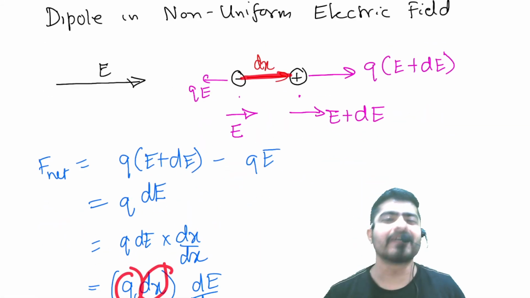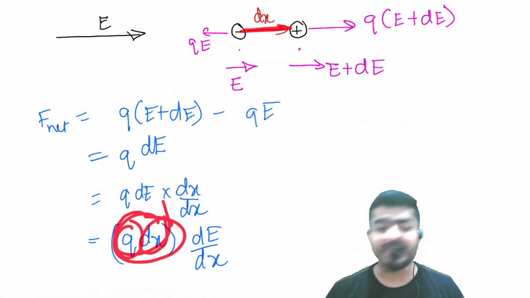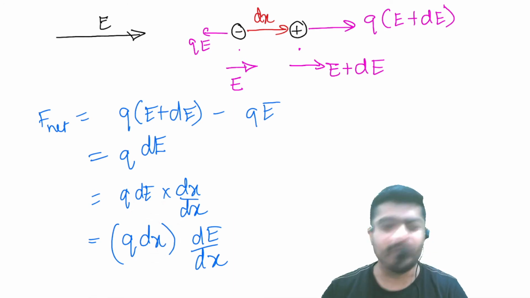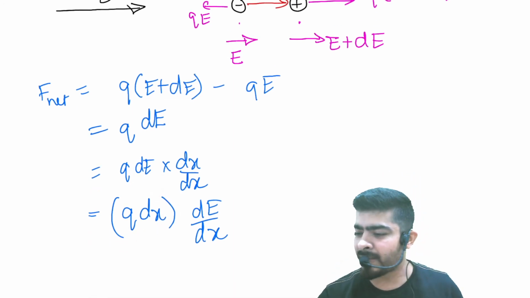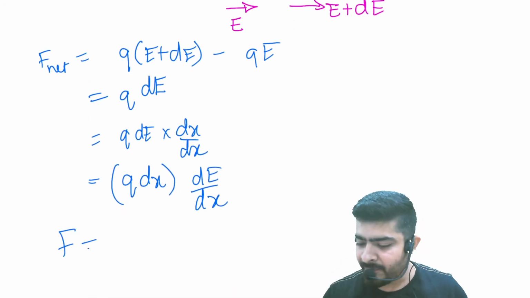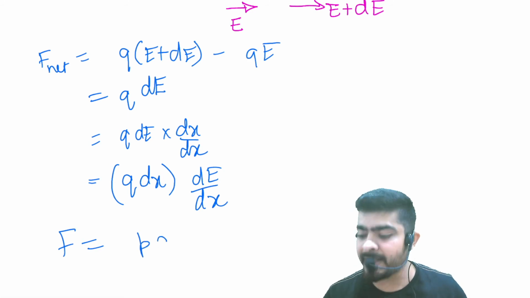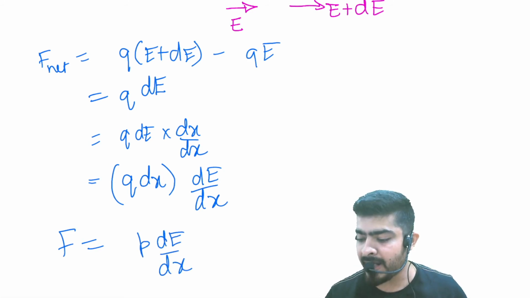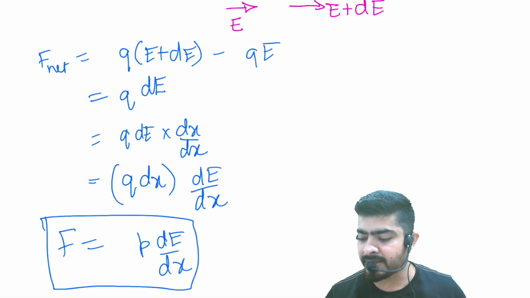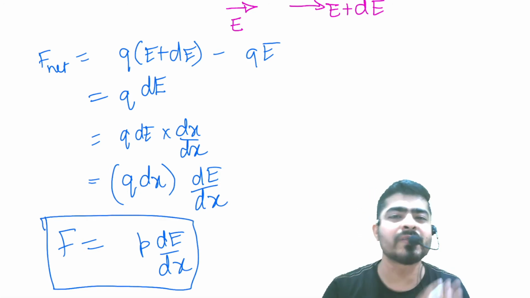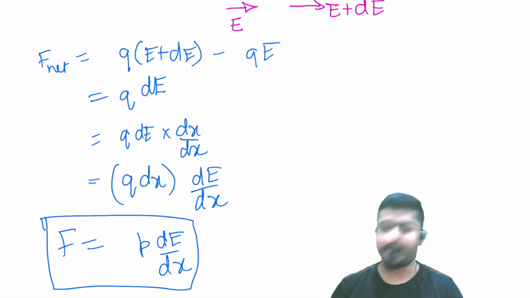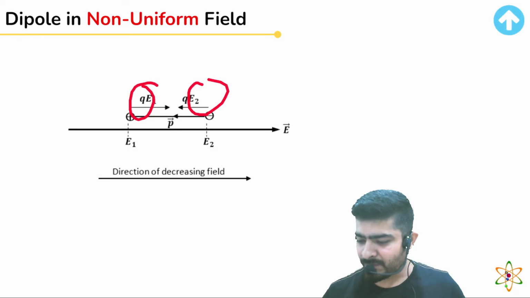Dx is the distance between the charges, right? So this term is your electric dipole moment. So I get net force will be equal to P dE by dx. This is the formula that you have to use in case of dipole.